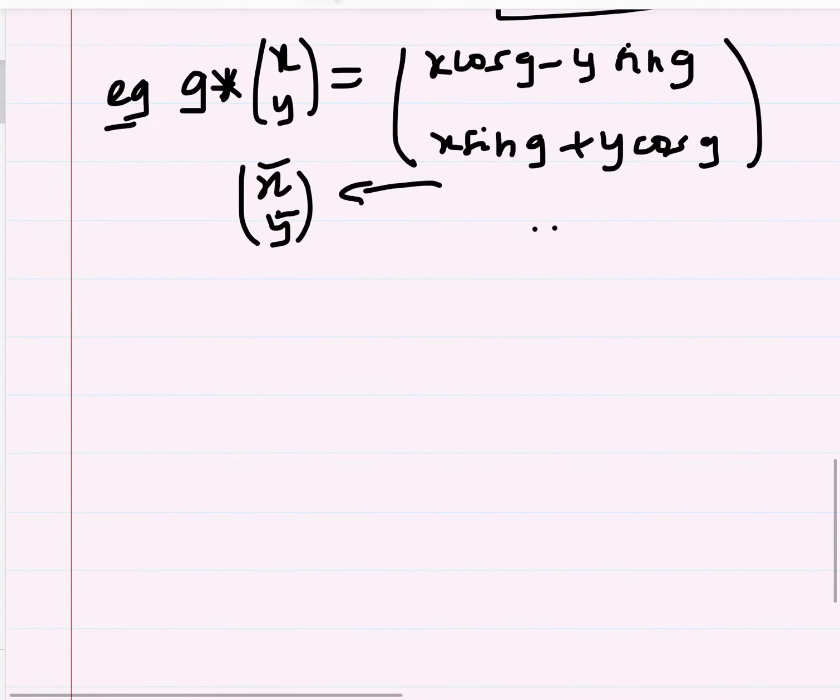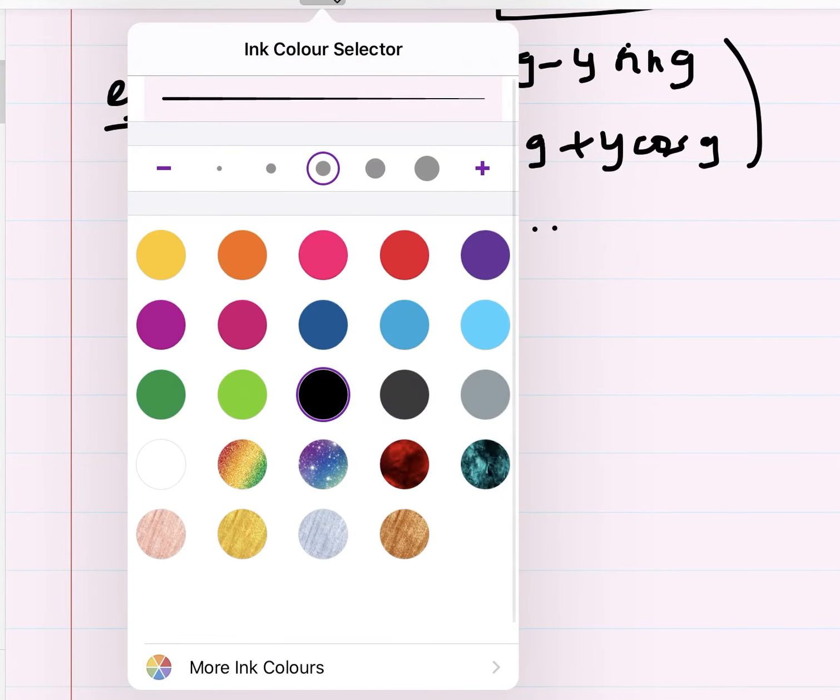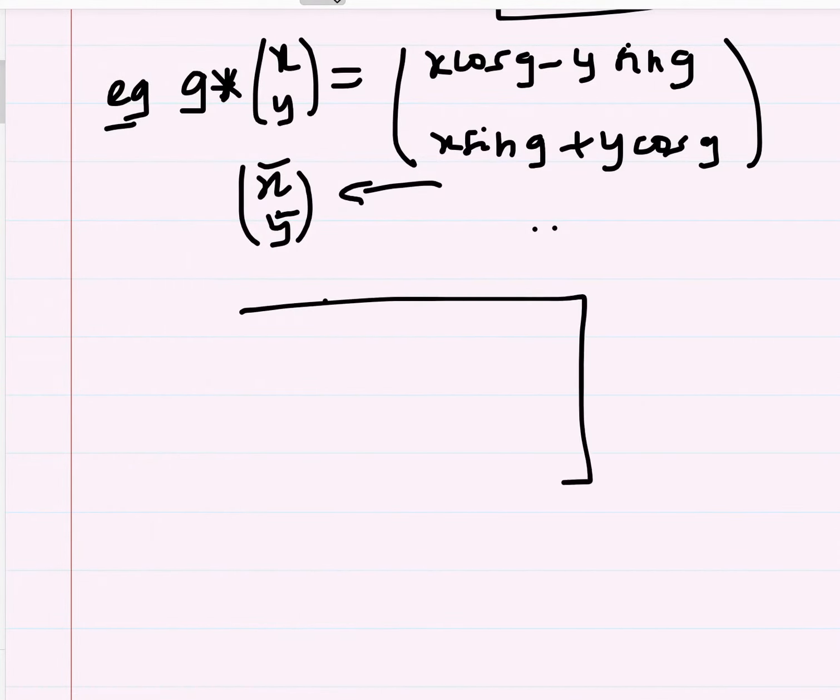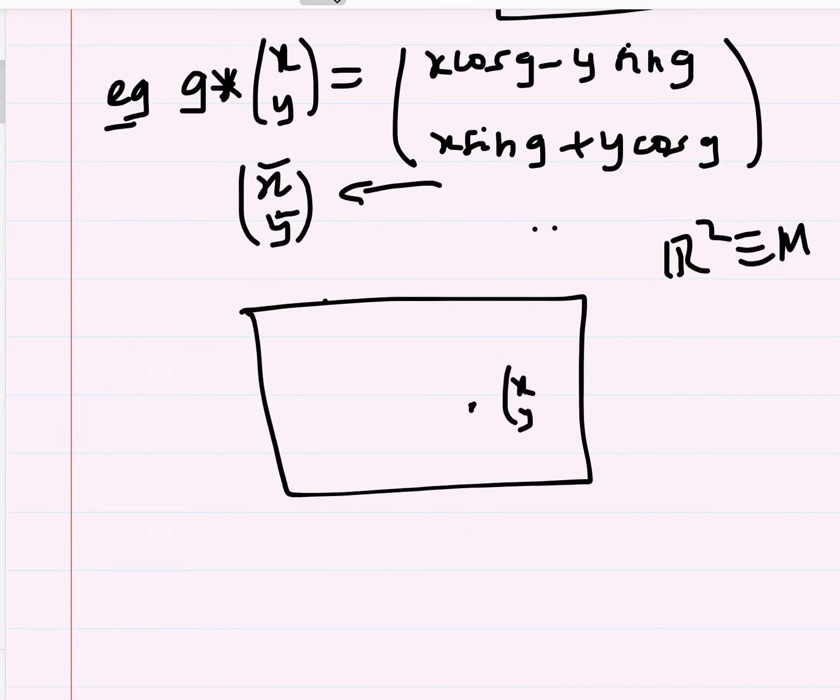So what's happening is you've got your manifold. Your manifold is a subset of R2. You've got this point x, y. There is x, y. And when your parameter g acts on this, you're getting a new point x bar, y bar.